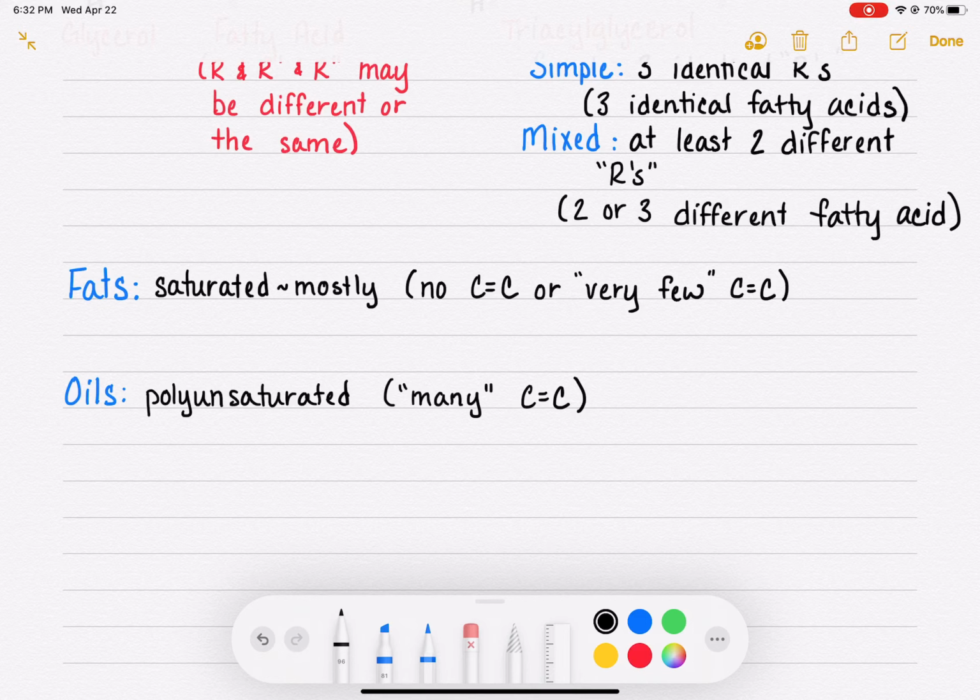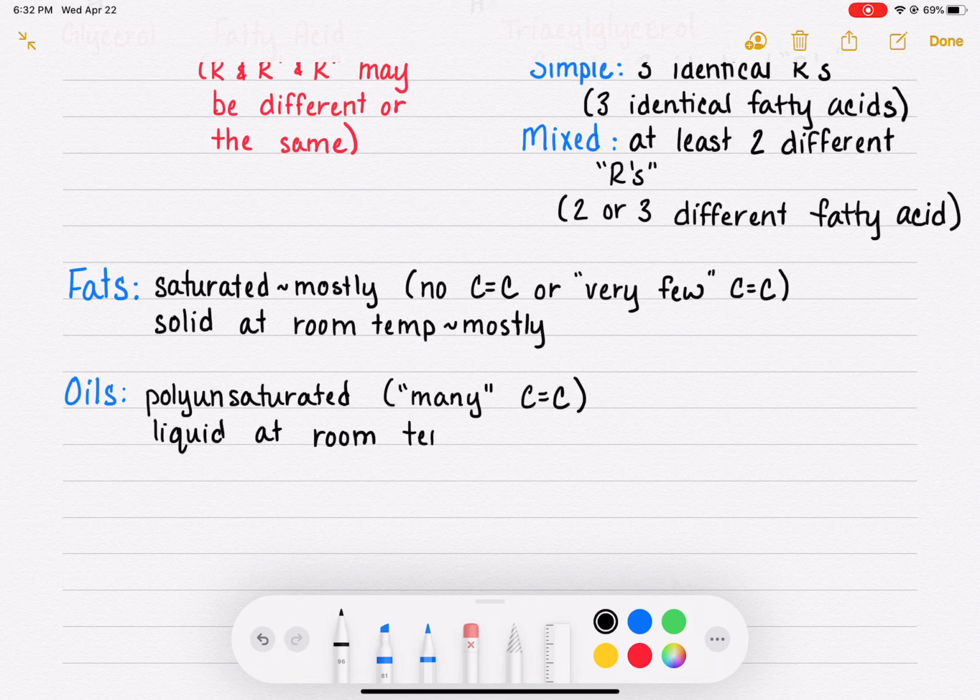Fats tend to be, in terms of their physical properties, solids at room temperature, and that's because they're mostly saturated. But again, this is most of the time, they're solids at room temperature, but not exclusively. And oils tend to be liquids at room temperature. But again, not exclusively. So again, this is a mostly sort of a thing.